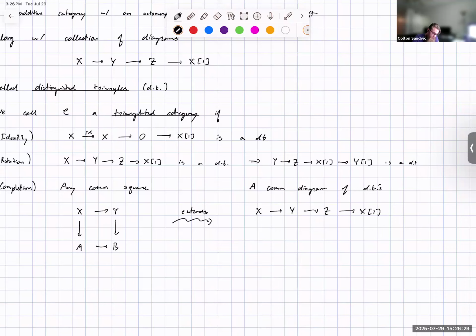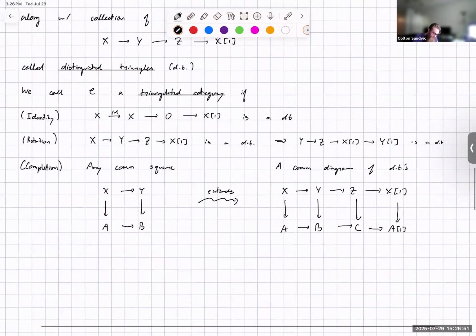I'm not saying what Z is or what these maps are. It should just exist, nor am I giving any version of uniqueness. But this should be able to be done.